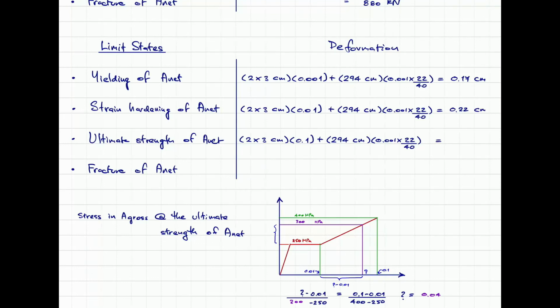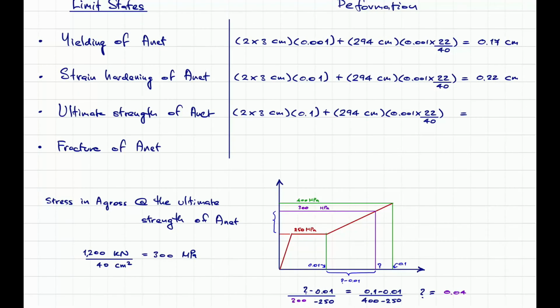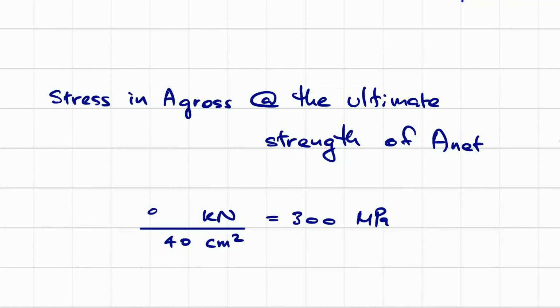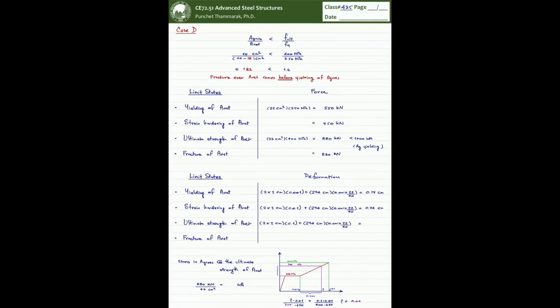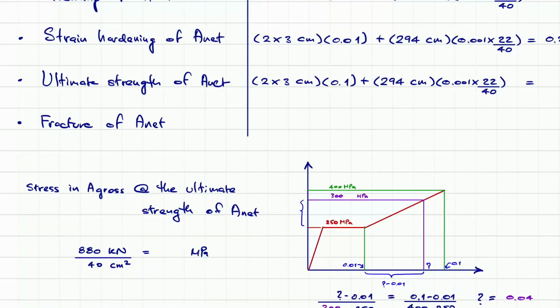Okay. This one change to what? 880. 880 divided by 40. Oh, it's not even yield. Oh, sorry. So. What is it? 880 divided by 40. It is okay. 22.